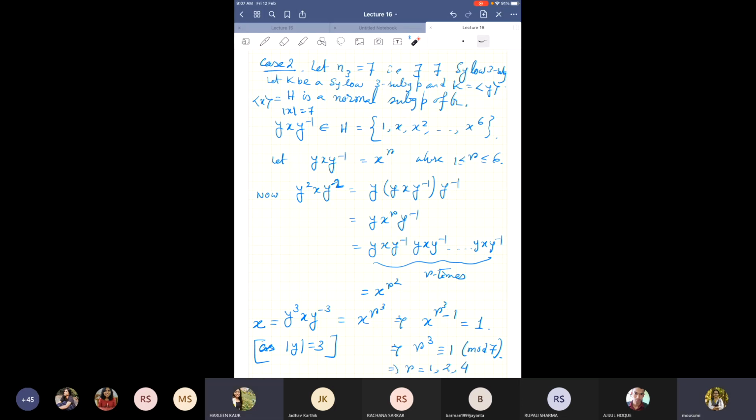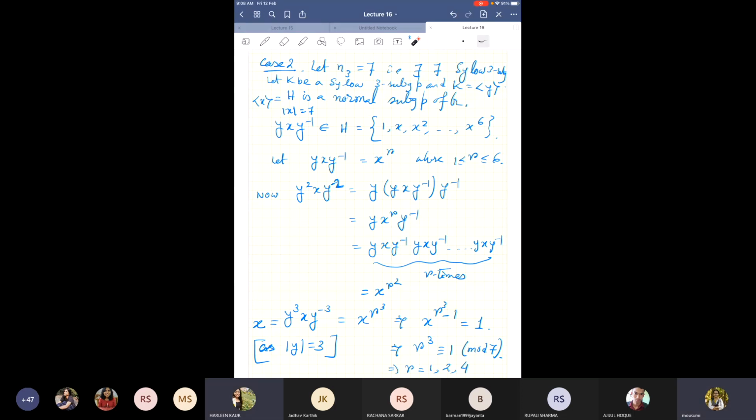So it will be generated by an order 3 element and an order 7 element. Any element of this group will be of the form x to the power something, y to the power something, where x is an order 7 element and y is an order 3 element. And this is true for any order 3 element.